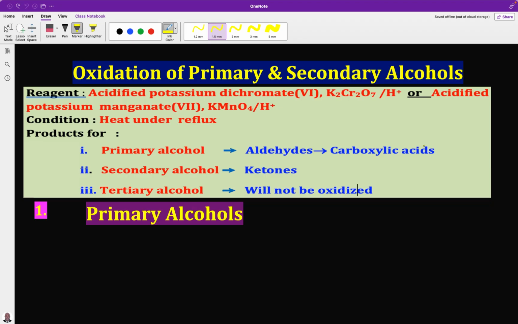In organic reaction, as I said, oxidation is the addition of oxygen atom into a molecule and the removal of hydrogen.